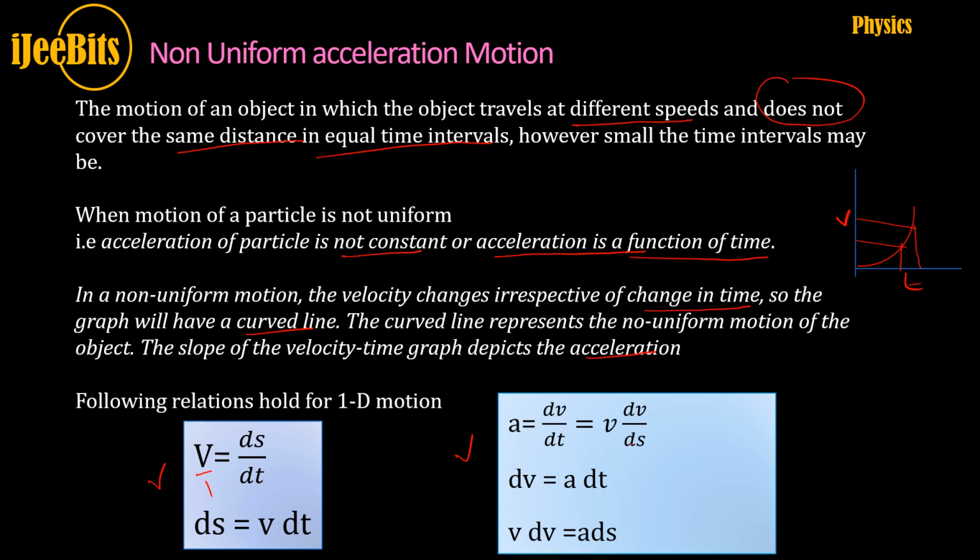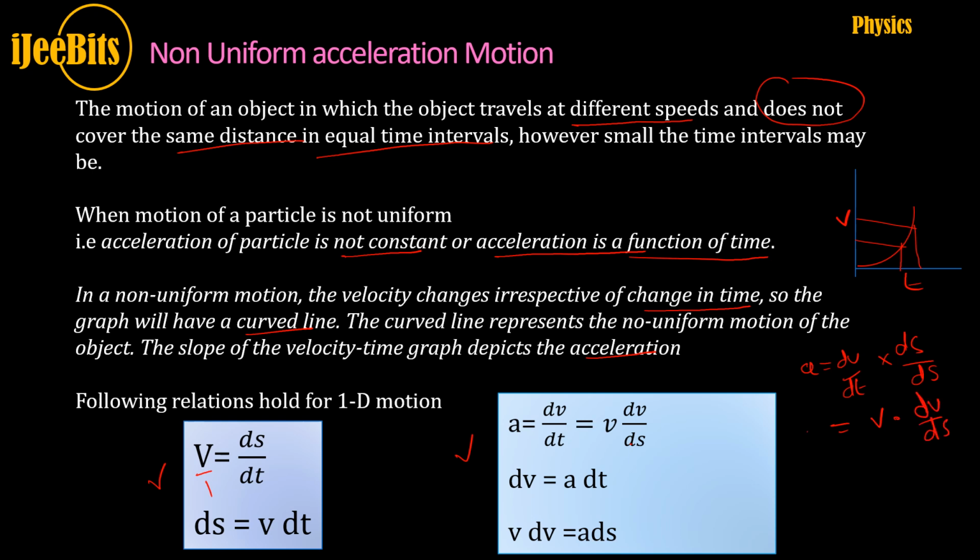Now look at acceleration. What is acceleration? a is equal to dv by dt. By definition, change in velocity by change in time is nothing but acceleration. So let me rewrite it: a equal to dv by dt, right? Let's multiply and divide by ds. Then you identify ds by dt is nothing but v. So you rewrite this as v and then dv by ds.